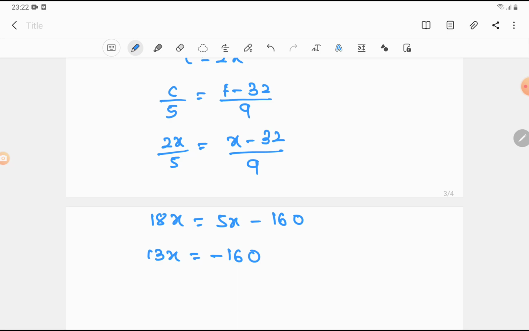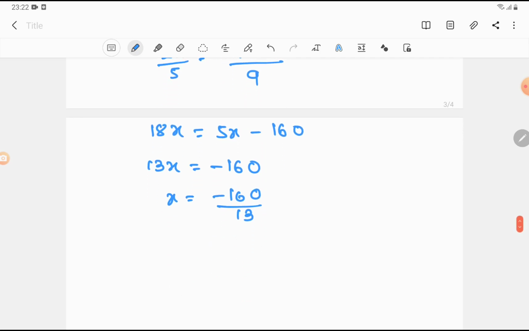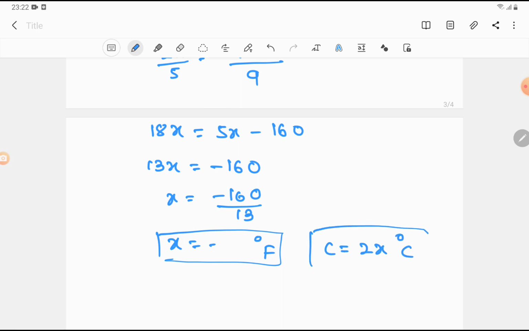Then if you solve it, x is equal to minus 160 by 13. Do the simplification. Assignment: do the calculations. x degree Fahrenheit, and 2x degree Celsius. Substitute the x value here.